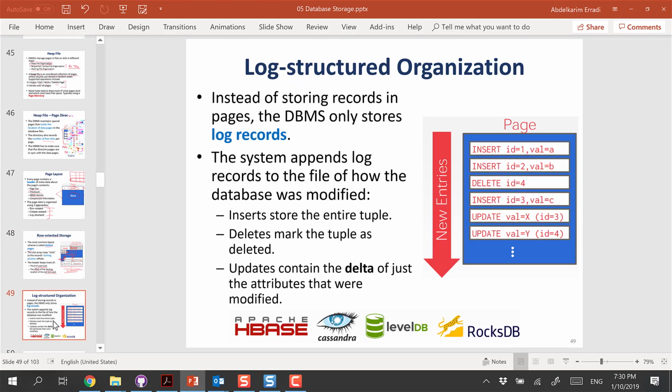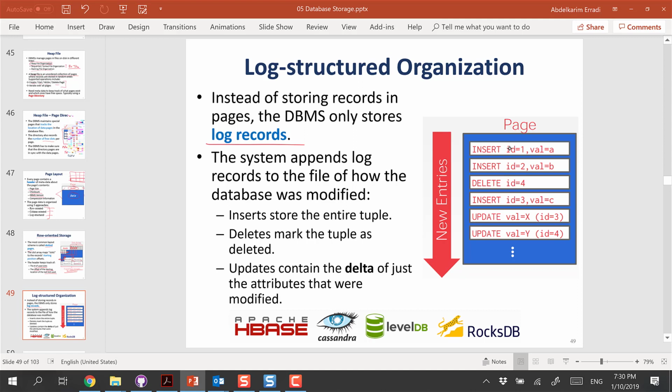Okay. Now moving on, the other organization is the log structured organization. In here, we keep appending the log records to the page. For example, something like this. I'm inserting a record with ID 1 and the value A. Let's say this table has only two columns, ID and val.